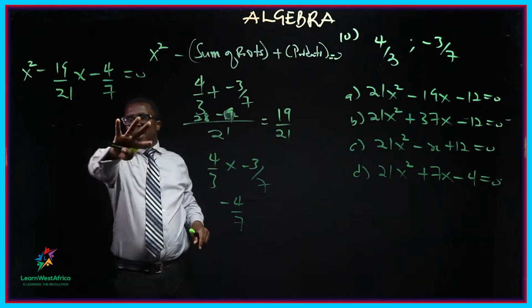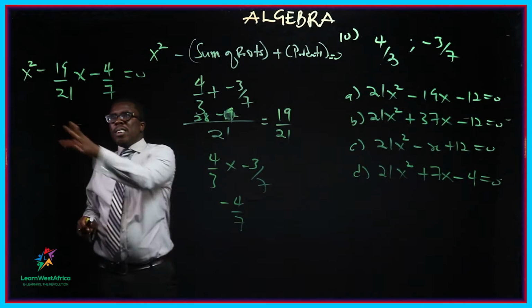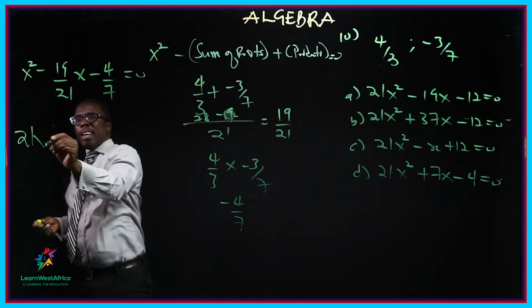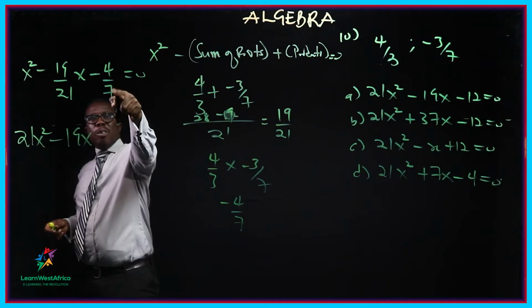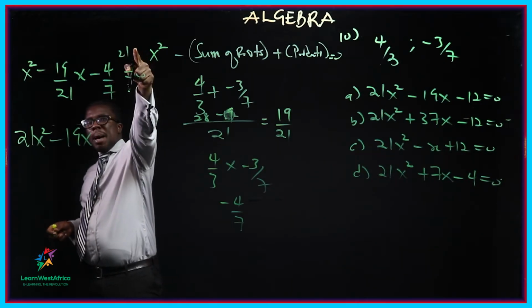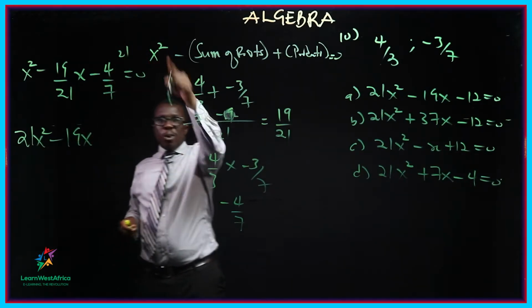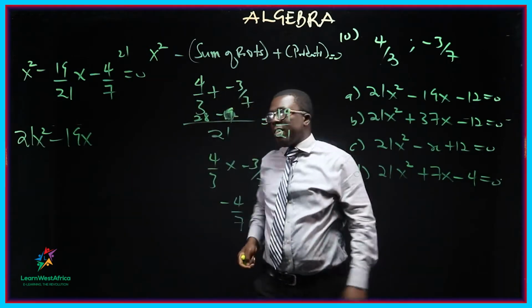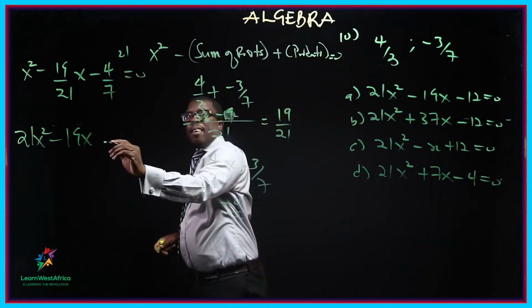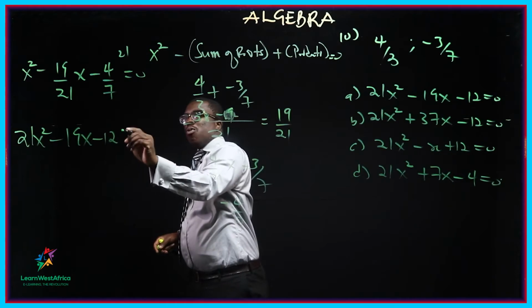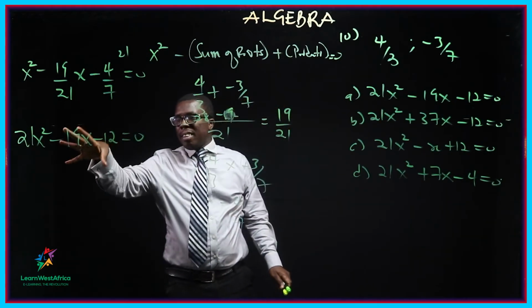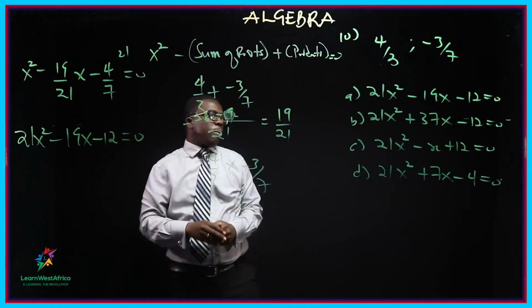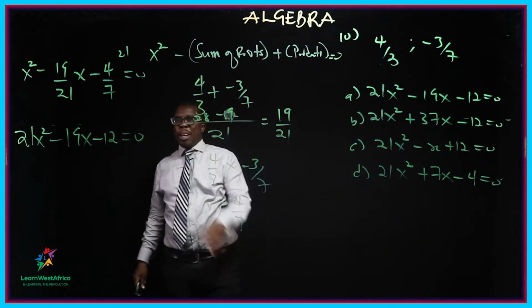So we have 21x squared, minus 19x, and minus 4 times 3, which is 12. So we are going to get 21x squared minus 19x minus 12 equal to 0.